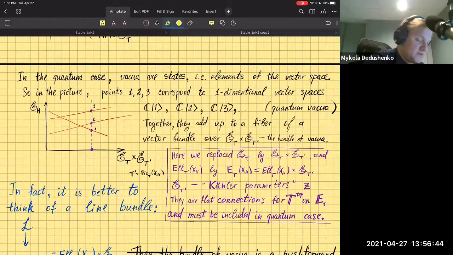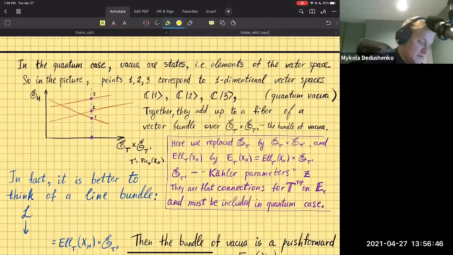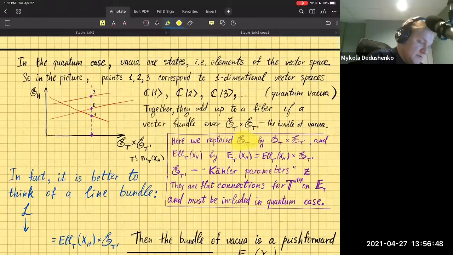But now also notice that here I replaced ET, the space that parameterizes equivariant parameters, by something else. I just included one more factor, and the elliptic homology got replaced by this product.